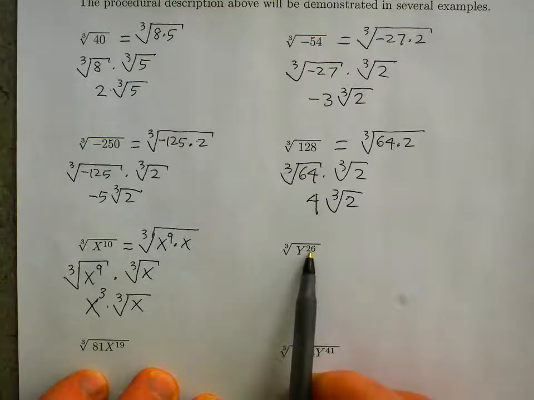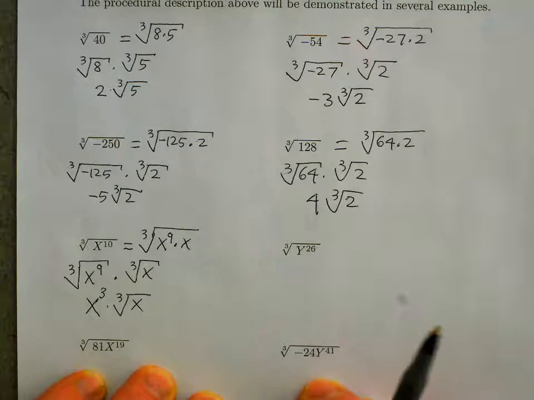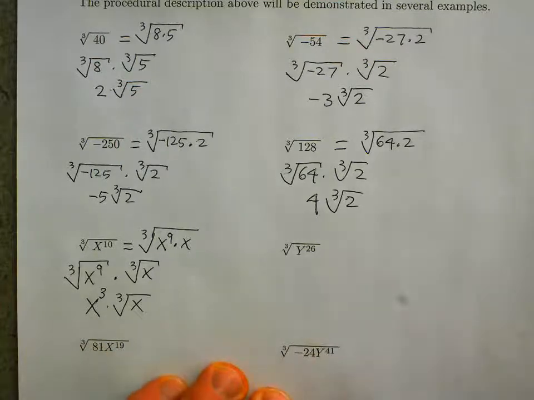Well, if the exponent that we start out with is not a multiple of 3, then we work backwards. Is 25 a multiple of 3? No. The next integer less than 25 is 24. Is 24 a multiple of 3? Yes.